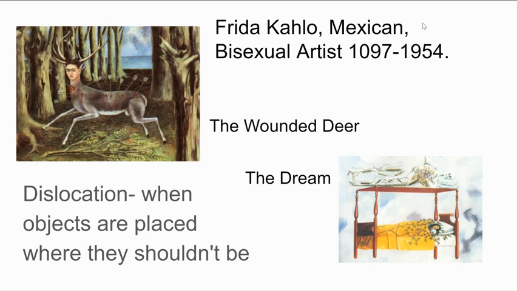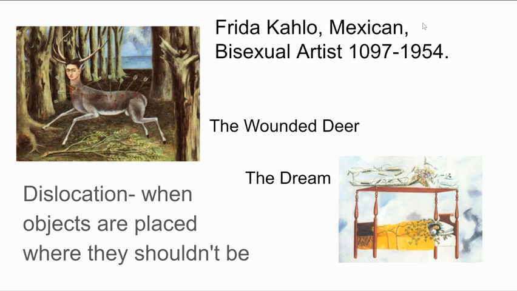Okay, so now you're going to go back up to question number 1 and fill in the definition for dislocation. Dislocation is when objects are placed where they shouldn't be. So I've given you 2 paintings here, both by Frida Kahlo. And you can pick for number 3 which painting you're going to write about, writing something that's dislocated.